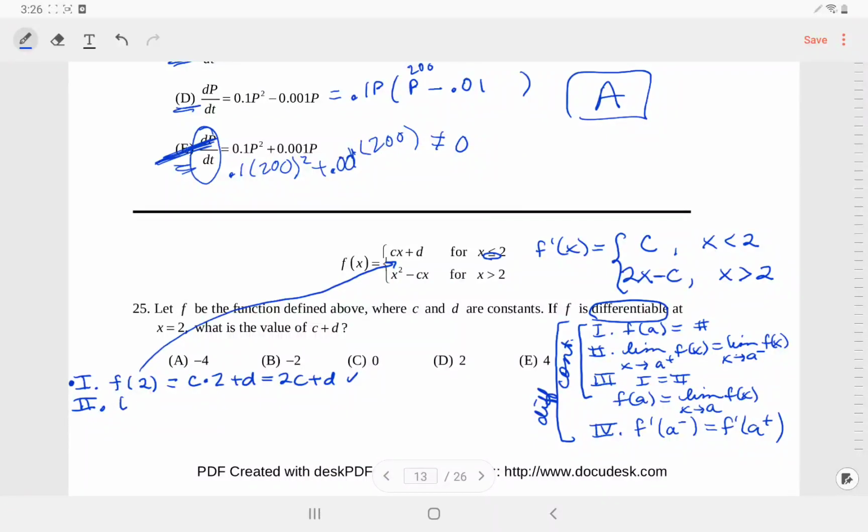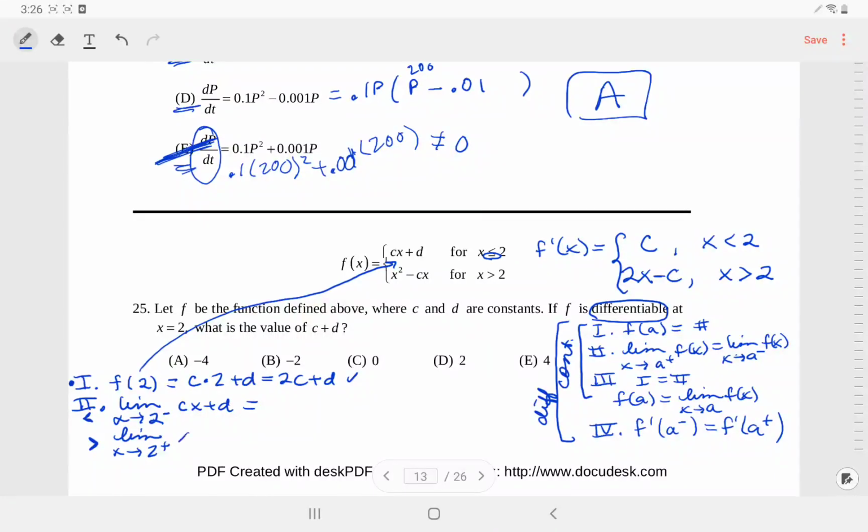Step 2 says take the limit as x approaches a, which is 2, from the left side, and take the limit as x approaches 2 from the right side. And I need to get the same value. So the left side would be the less than side, and the positive is the greater than side. So the less than side would be cx plus d, and then I'll work out that limit.